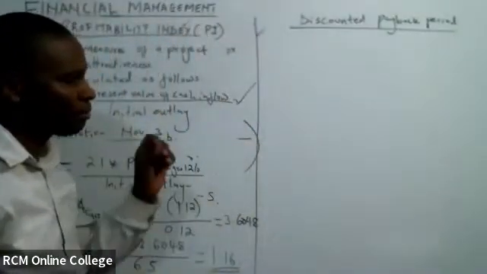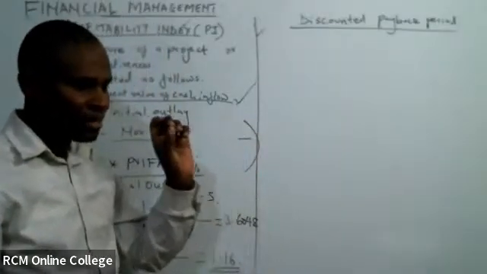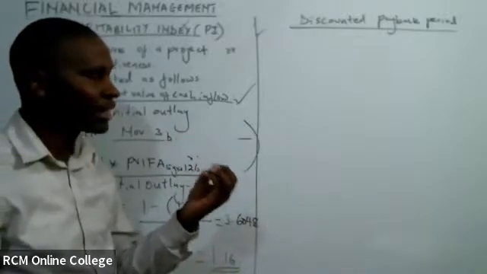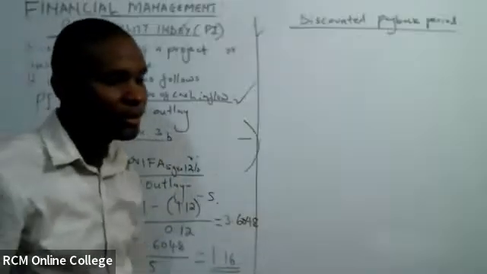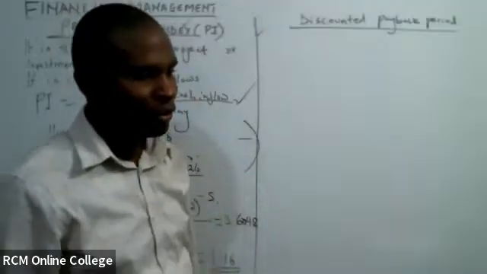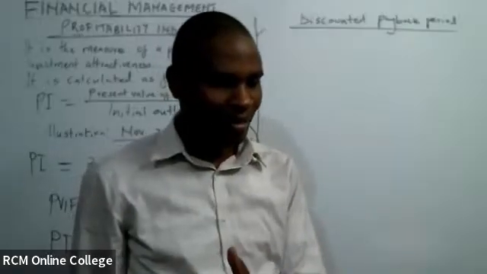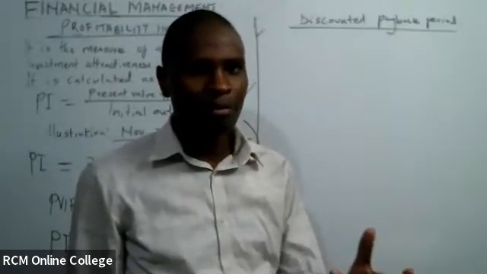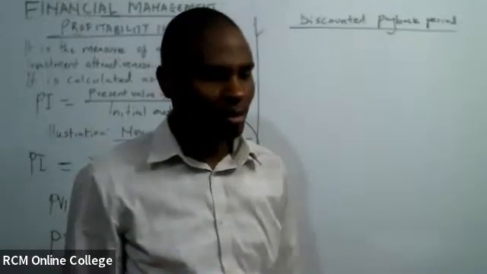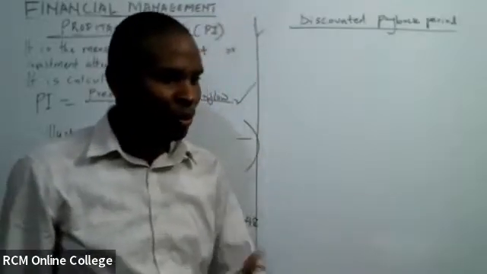So the moment an appraisal technique has brought in the fact that they can consider the time value of money, and they can have that aspect of discounting, it becomes a modern technique. So we have removed, at this point, we can have our discounted payback period to the modern side. Now, to the traditional, tumebakisha gani? Ni gani imebaki kwa traditional kule? It is not translated huku kwa modern.